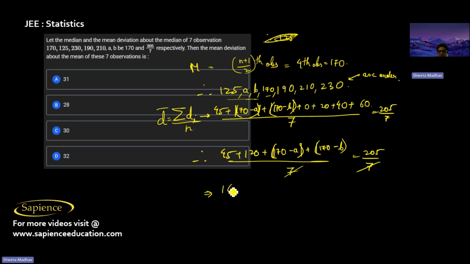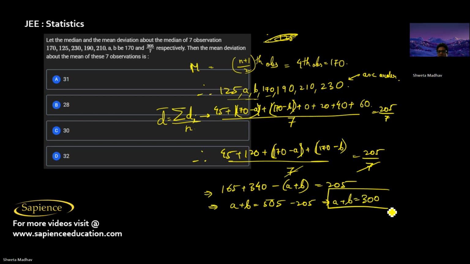This is 165 plus this will be 340 minus of A plus B, that is equal to 205. So therefore, A plus B will be equal to 505 minus 205. So A plus B, that is 300.